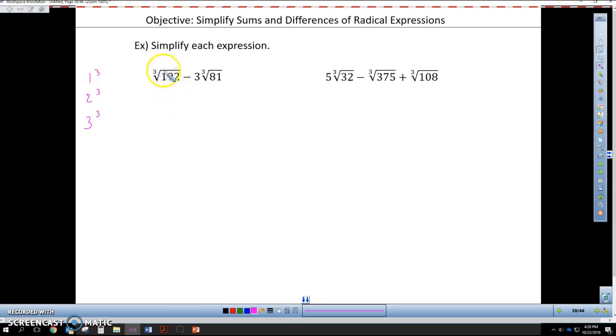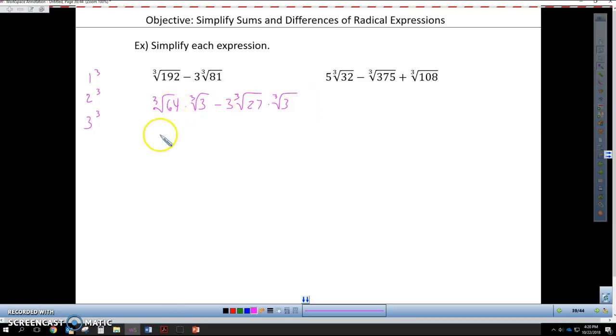Okay, so cubic root of 192. In this example, I'm going to break this down. This is the cubic root of 64 times the cubic root of 3. And that one you might have to play around with some calculators to help you identify it. Minus 3 cubic root of 81. And 81, I know that is 27 times 3. Okay, and I have an index of 3 with a radicand of 3.